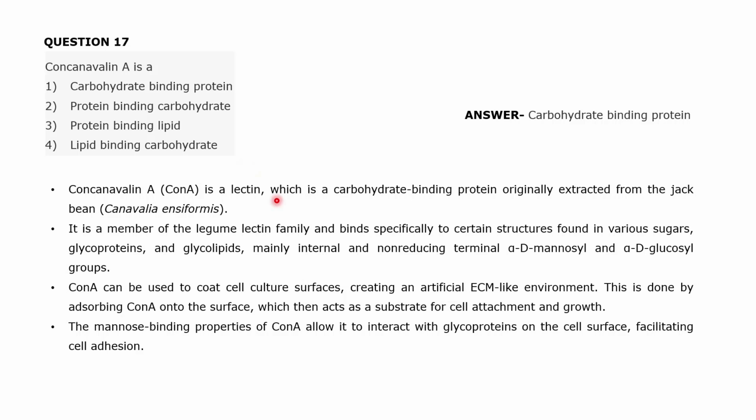I think someone raised a hand. And yeah, I think it was by mistake. Lectin is naturally occurring in nature, and it binds to these mannosyl groups or glycosyl groups that are present within these glycoproteins or glycolipids.